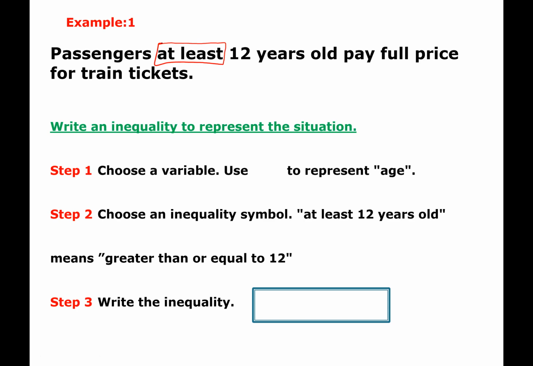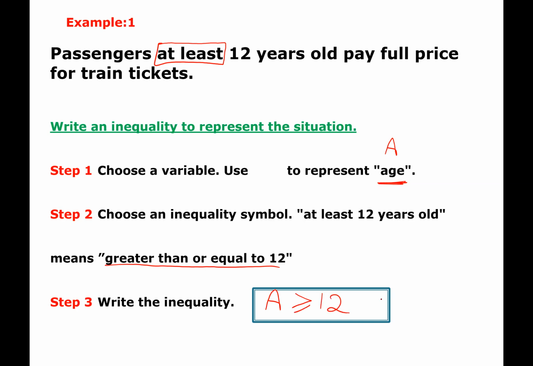The variable here is the age, because they said it depends that they need to be 12 years at least. Therefore, the variable is age. We put any letter, for example, A. Okay. The word at least means that greater than or equal to 12. Therefore, how will I write the inequality? I would write A is greater than or equal to 12.